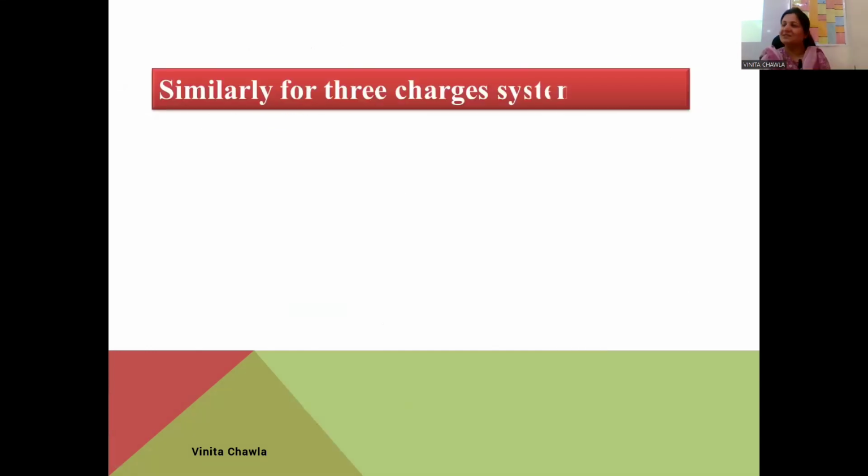Similarly, if we have a three charge system, now we will write the expression as for two charges. Electrostatic potential energy is K Q1 Q2 by R12, where R12 is the distance between the two charges, charge on 1 is Q1, charge on 2 is Q2, and K is a constant.